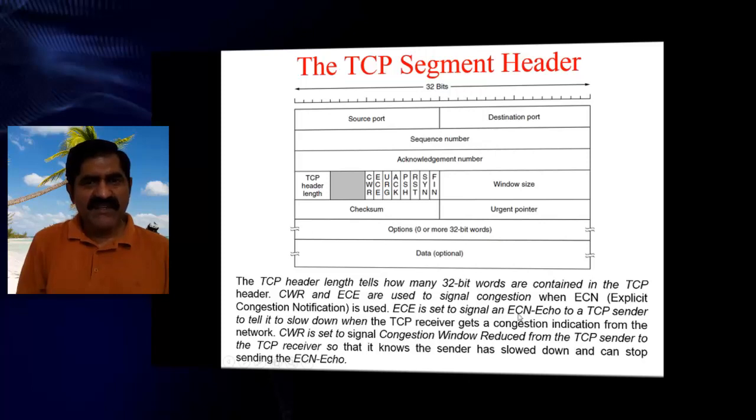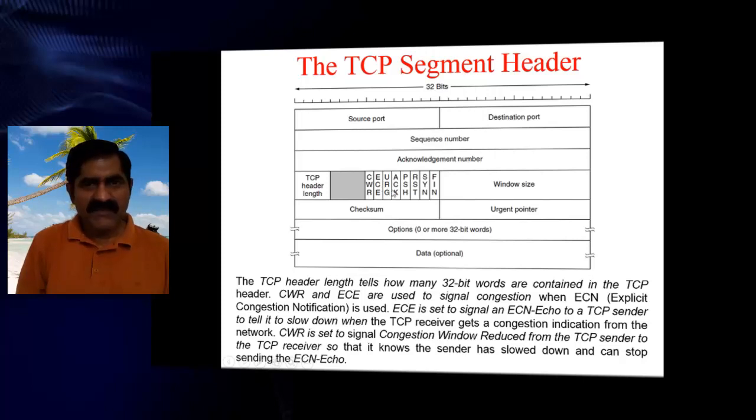So we say explicit congestion notification, and we transmit the ECN echo, indicating congestion has happened. That is the reason we are using these 2 bits in the header. So congestion window reduced as well as explicit congestion notification echo we are transmitting.